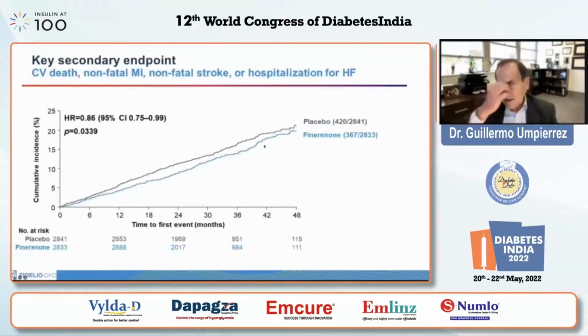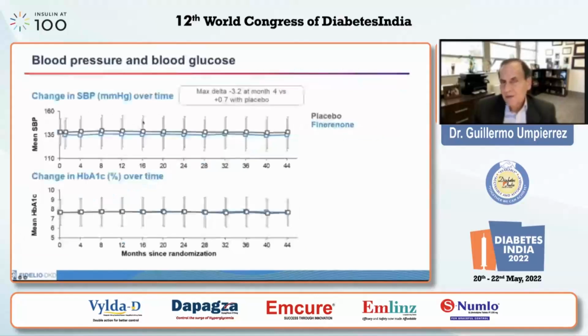And when you look at cardiovascular death, non-fatal myocardial infarction, and stroke, you have a reduction as good as the SGLT2s, as good as the GLP-1 receptor agonists. But the beauty of these mineralocorticoid receptor antagonists is that the effect is independent of changes in blood pressure and independent of hemoglobin A1C therapy.